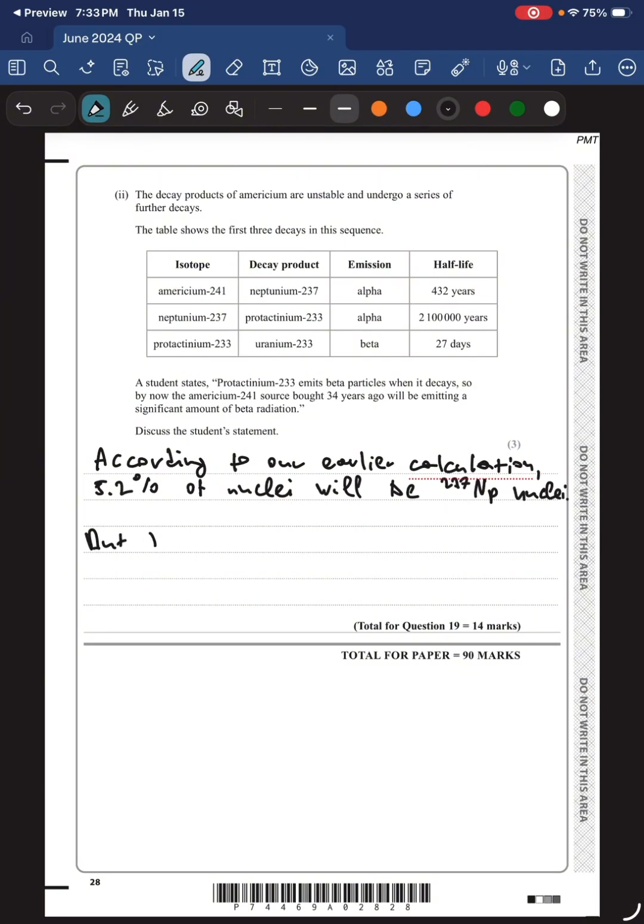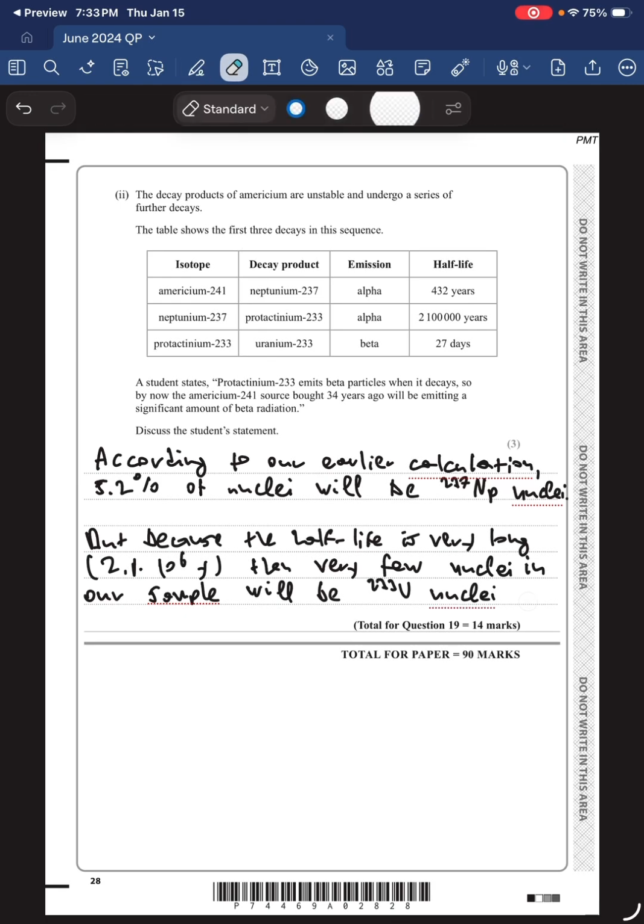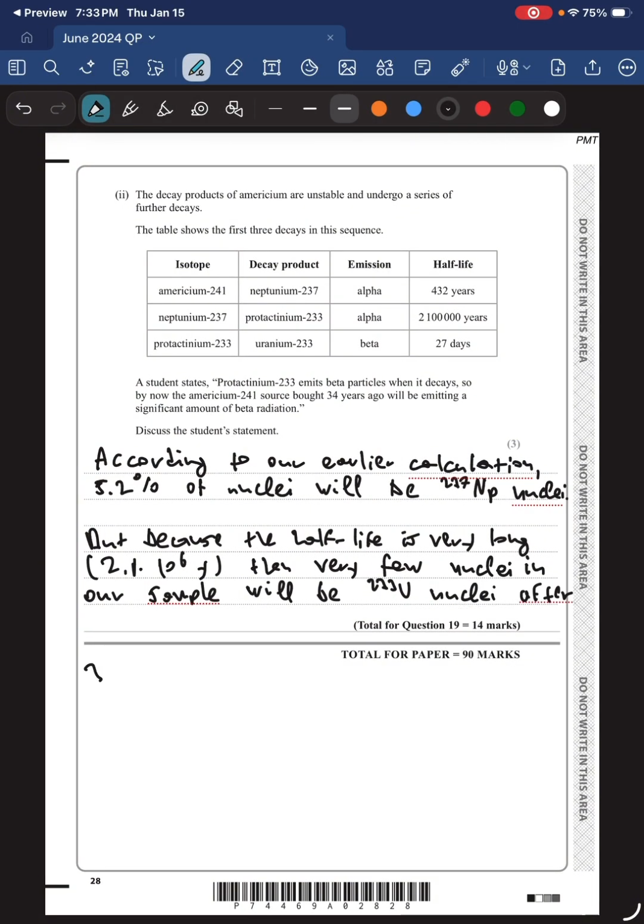But because the half-life is very long, 2.1 million years, very few nuclei in our sample will be uranium-233 nuclei after 34 years.